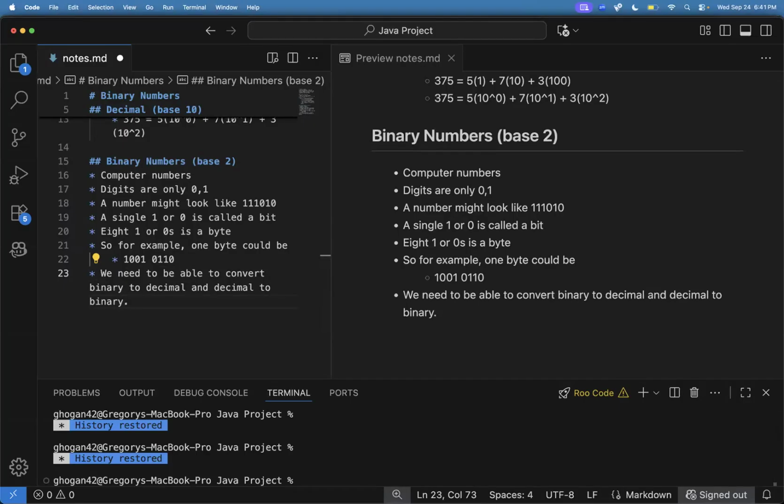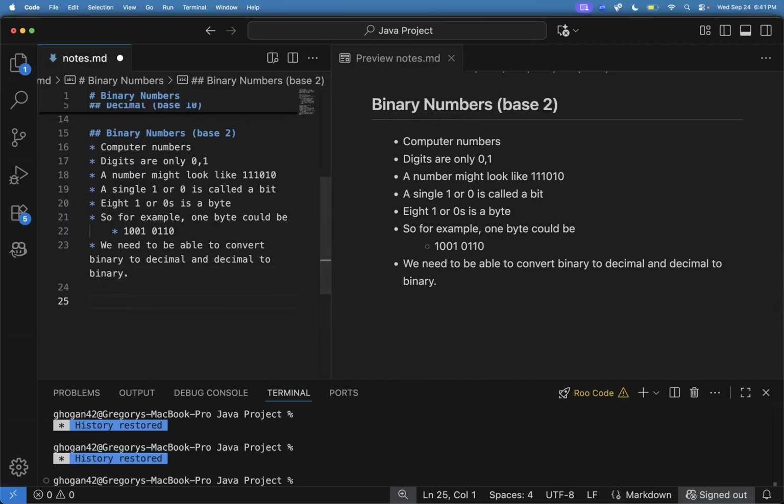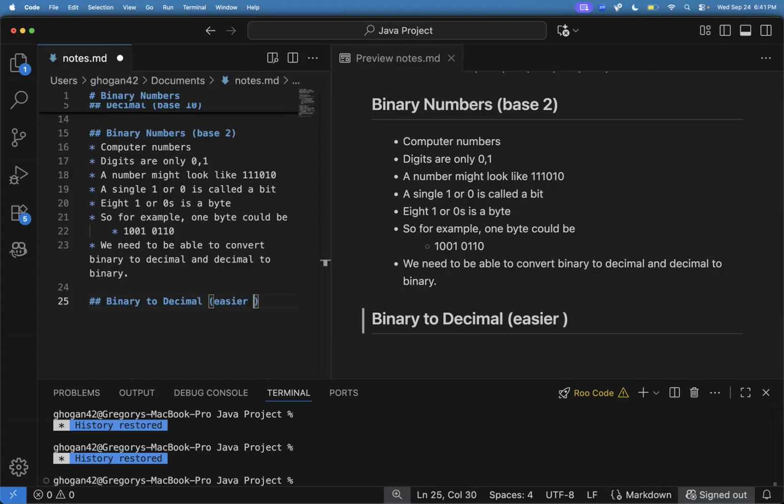And that's what we're going to learn in this section. Like I said, this is easier to do when I have something to write on, but we can still do it this way. So one direction is easy and one direction is hard. If I'm trying to convert a number from binary to decimal, this is the easier direction.